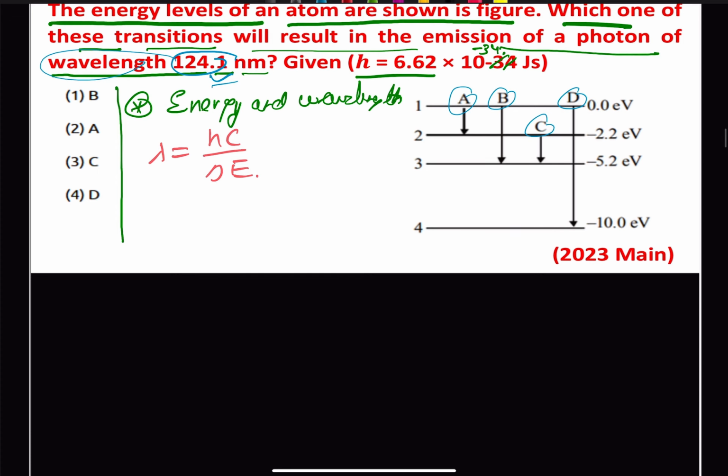So let us consider first transition A. The transition is from N1 to N2, and energy at 1 is given as 0, and energy at 2 is given as minus 2.2 electron volt.